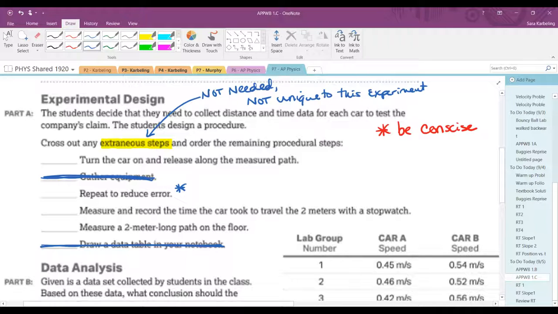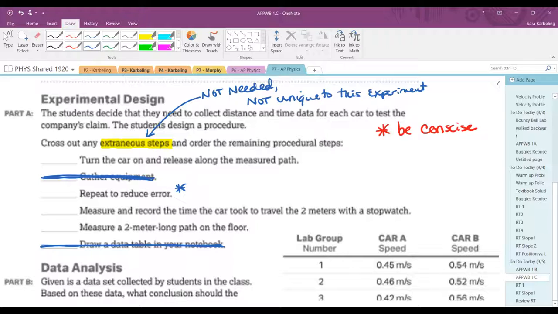Right. So here's the thing, because I agree. Based on this definition for extraneous, that's not unique because you should do trials and everything, right? But my experience has taught me that when you're writing an experimental design problem, almost without fail, and I have not looked at every single experimental design to double check this claim, but I'm pretty darn confident that every time you write an experimental design, you need to include that you're doing multiple trials, because that is so important to the process of science that you have to include it, okay?